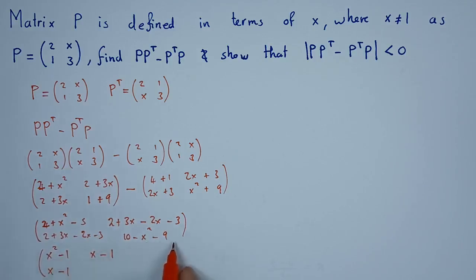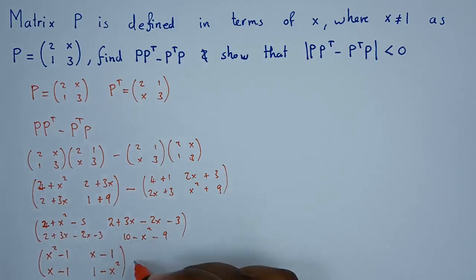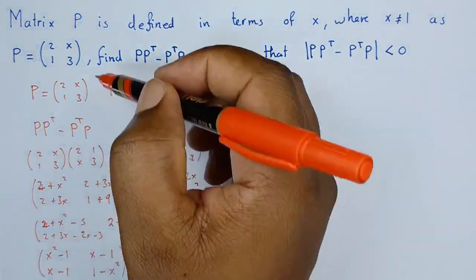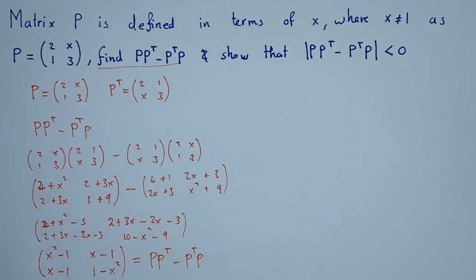And this expression here is going to give us 1 minus x squared. Okay, so this is the value of P P transpose minus P transpose P. That's what we're trying to find first. So we found it, it's this. Now we have to show that this is less than 0. In other words, we have to show that this is negative.